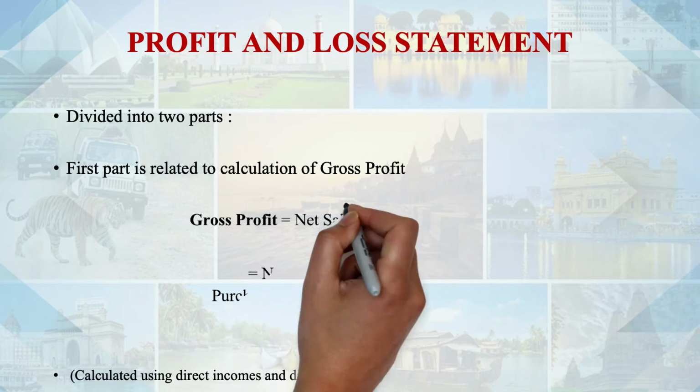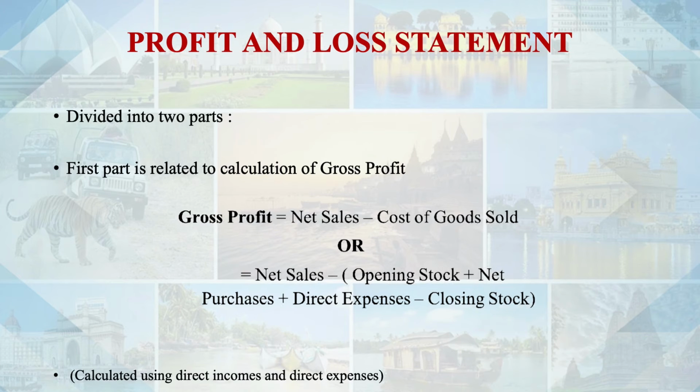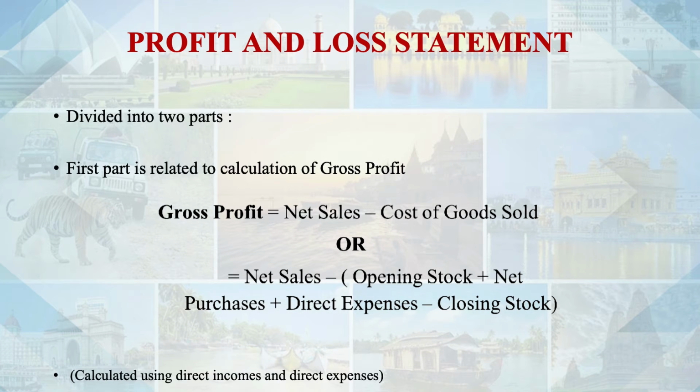So the formula for calculating our cost of goods sold is the opening stock plus net purchases plus direct expenses minus the closing stock, or simply all the direct expenses which you have incurred to earn those revenues. The difference is the gross profit.